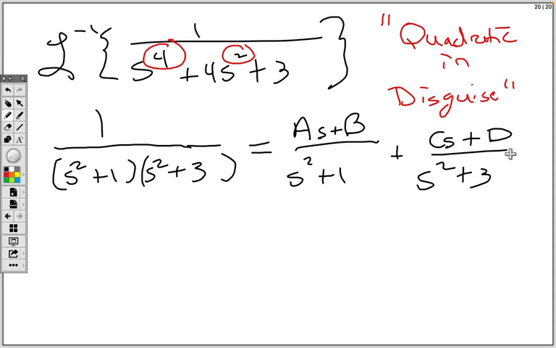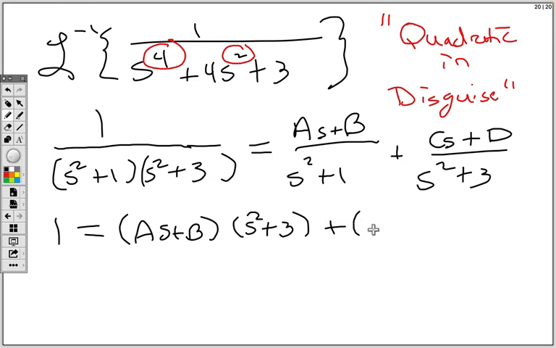Put those up there. All right, so step 1 is to clear out the denominators. So on the first term, the as plus b, when I multiply through by both of these factors, the s squared plus 3 is going to be left to multiply s squared plus 1.